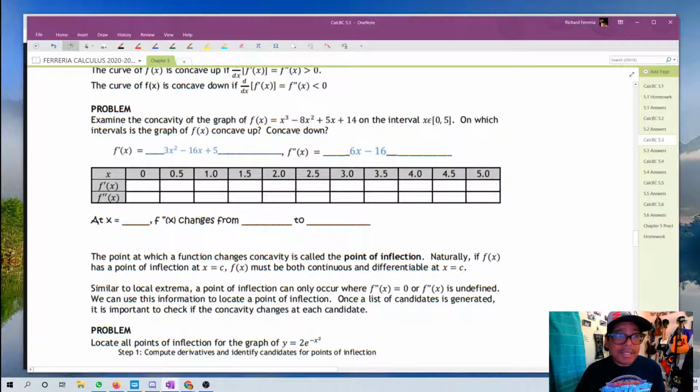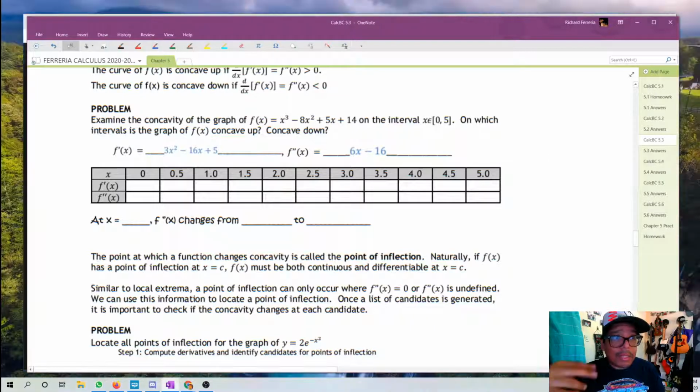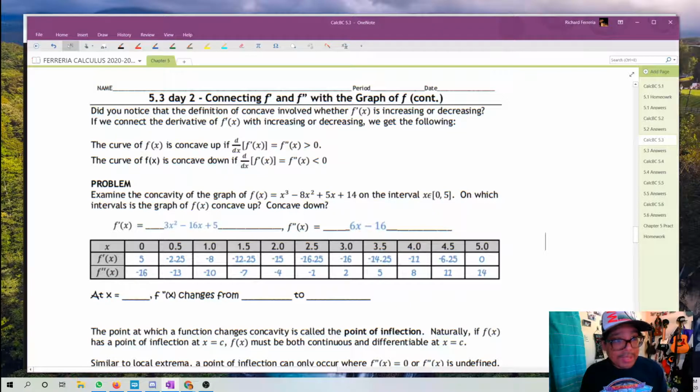And then our next task here is to go ahead and fill out this chart with values of the derivative and the second derivative. So I'll give you a couple of minutes to do that. If you want to pause it for more time, go ahead and pause it. But if we evaluate the derivative and the second derivative, we get these values.